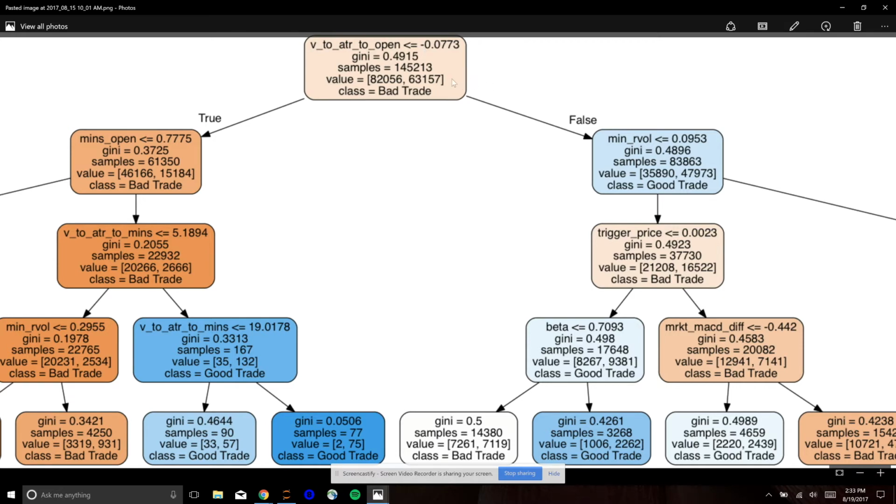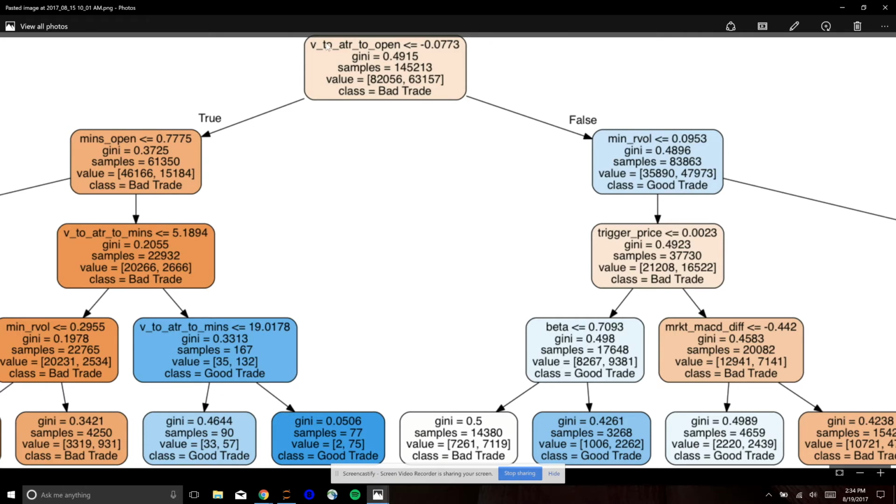So it does that, and up here we've got v2ATR to open. This is basically a variable saying how much the stock has moved down since the open relative to its ATR. When you're collecting data, you want to normalize it. That means you want the data for a stock priced at $800 that moves an average of maybe $10 per day to correspond similarly to a stock priced at $10 that moves maybe 50 cents per day.